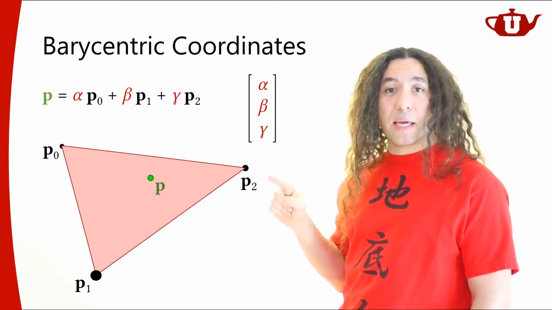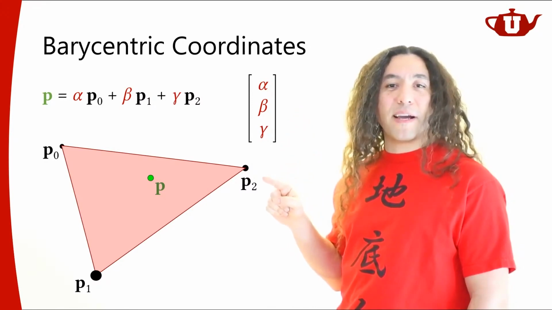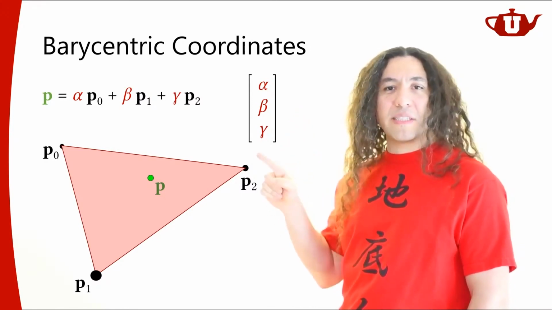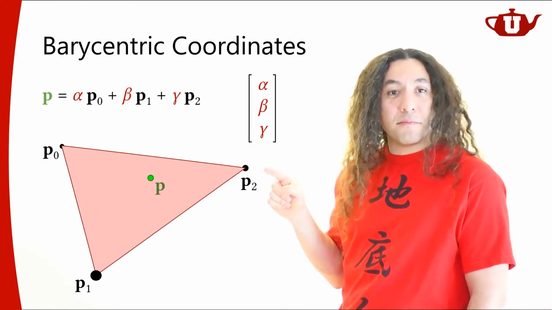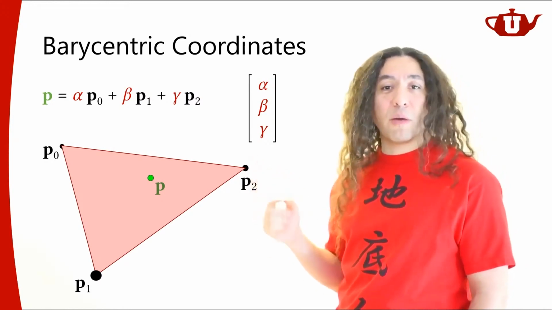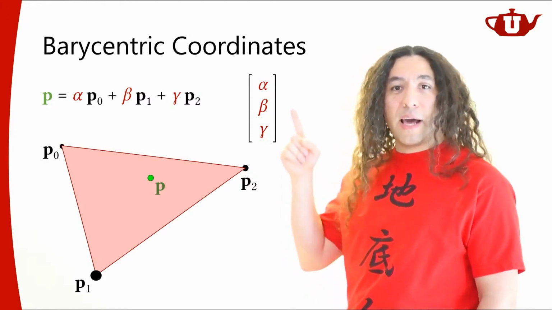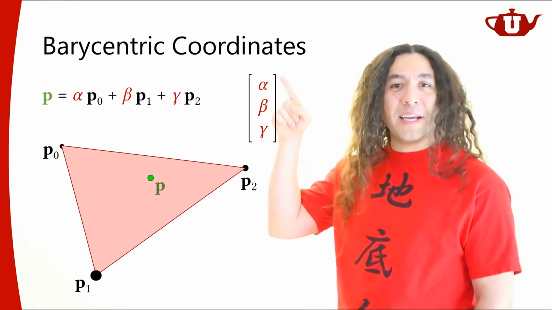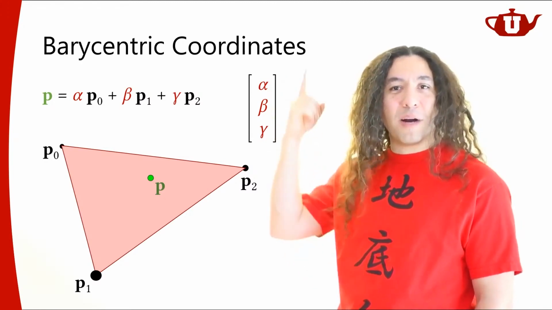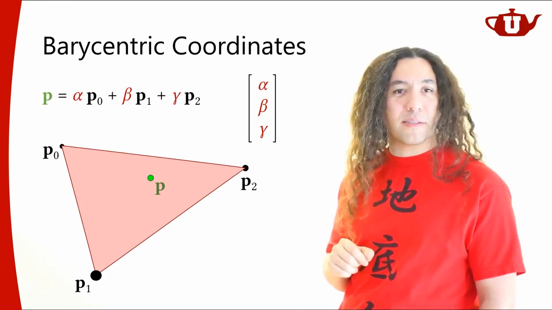But I'm not saying anything about the dimensionality of these vectors P0, P1, P2. So this could be a 2D triangle. Right? It could be a 2D triangle such that P0, P1, P2 only have X and Y coordinates. I would still have 3 coordinates here to represent my barycentric coordinates, right? Because it's just the weights of these 3 vertices.